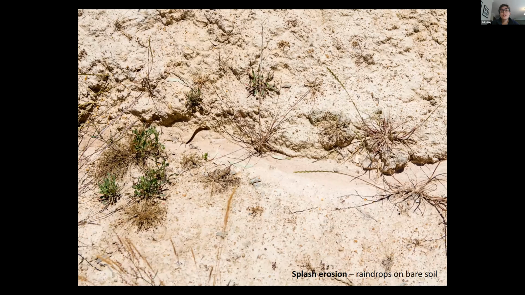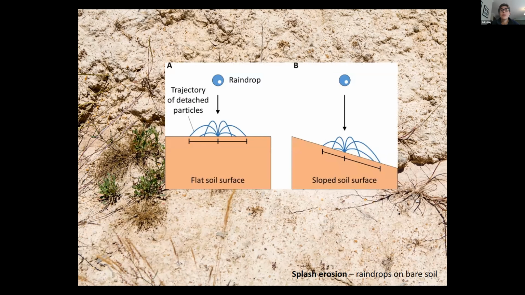So splash erosion is basically the impact of raindrops on bare soil. You've got uncovered soil and drops of rain that hit, and what it does is detach particles that then bounce off or flow away. On a flat soil surface, you might not lose those particles.